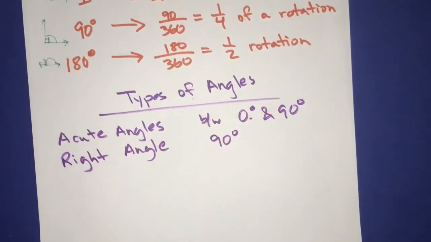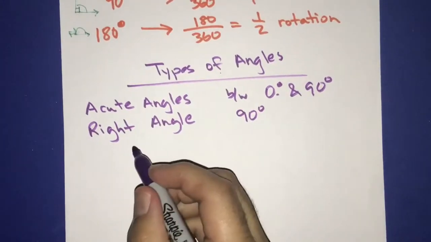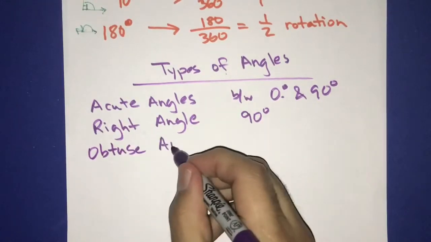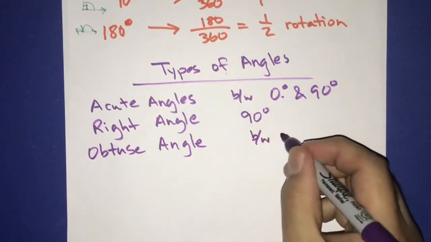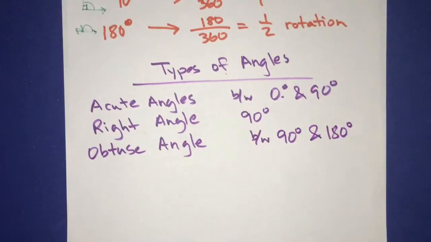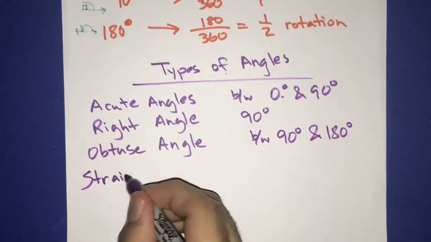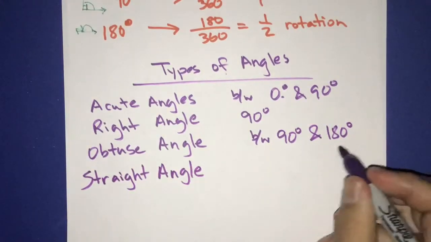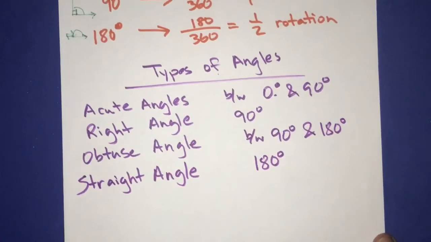And another type of angle is an obtuse angle, and obtuse is between 90 degrees and 180 degrees. And we also have what's known as a straight angle, and that is exactly 180 degrees.